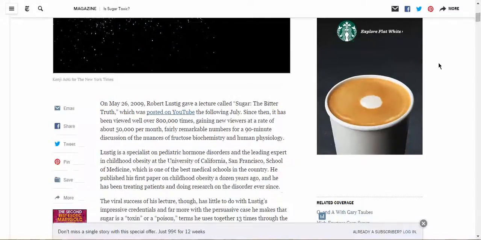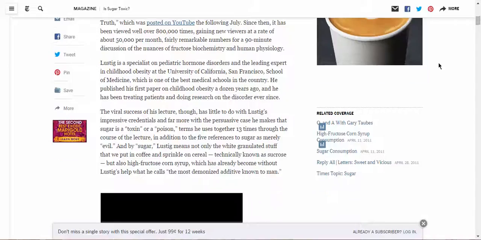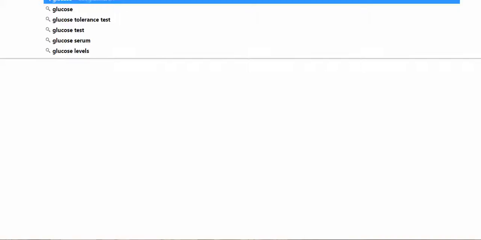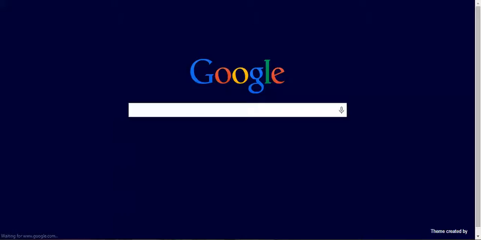So there are many different hidden sugars and sugar substitutes. When you look on the back of a box and you see "ose," like glucose, you know that it is a hidden sugar.